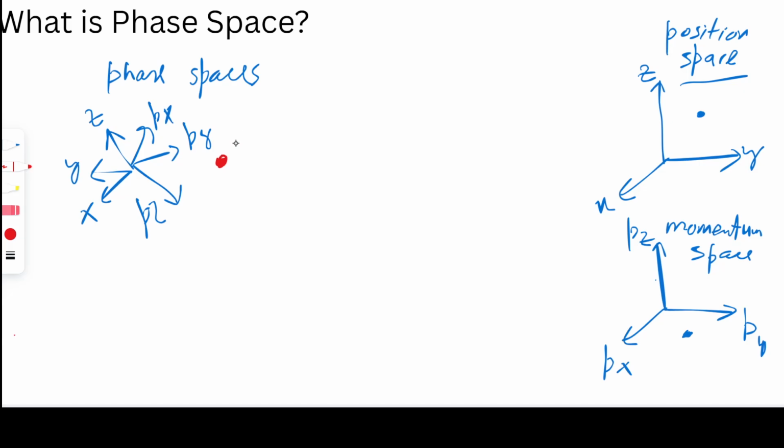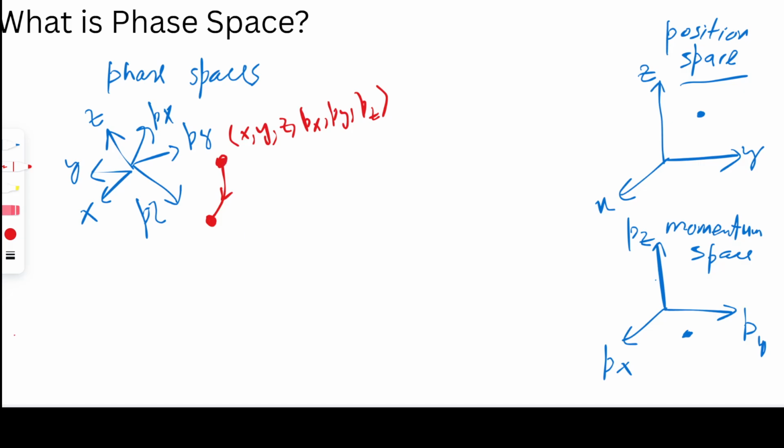A point has six coordinates: x, y, z, px, py, pz. So as the time passes, this point moves in this space because in general its position and momentum can change. So the dynamics is represented by a trajectory in the phase space. So this represents the complete picture of this particle.